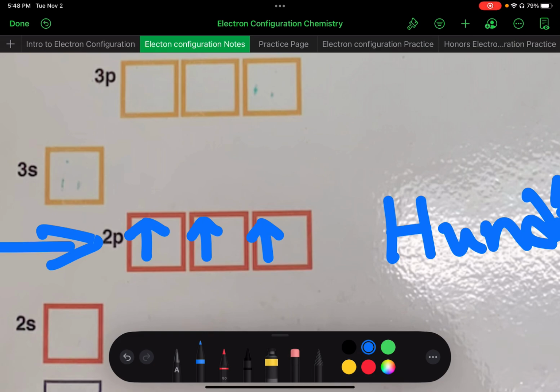I have filled each one of the blocks with an up arrow. Now that I have one in each, now I can go back and fill it with the extras, because I need to have 5 arrows represented in this 2p block. So down, down. Whoops, I don't need that one because I only need 5. So we count there's 5 electrons.